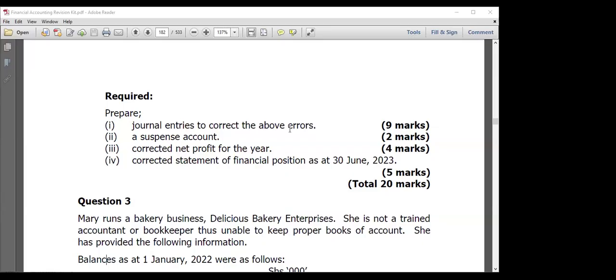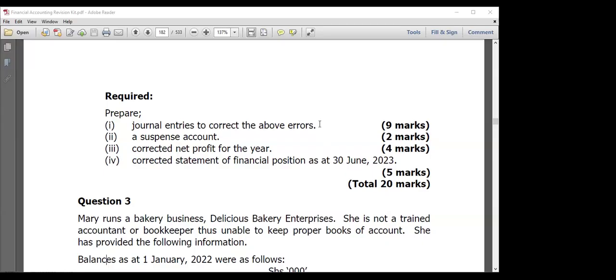Yes, please. I asked a few questions in the chat. I want some clarification on the errors that affect the trial balance.